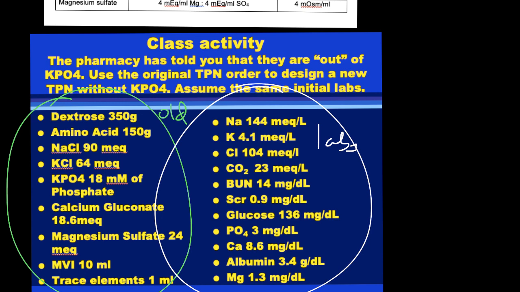You want to replete the phosphate using sodium phos. So let's take out K-phos first. How much K-phos are we losing in milliequivalents?